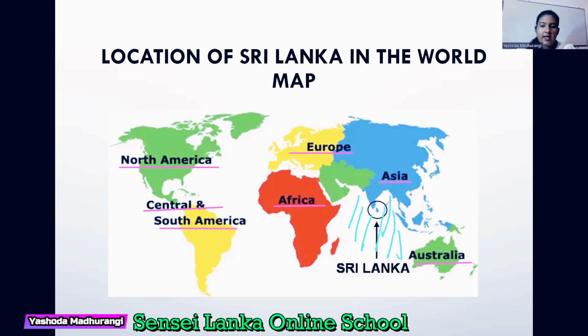So Sri Lanka is a small island located in the Indian Ocean. And also don't forget, it is a very beautiful island with a lot of resources. So now if you have a world map, you can mark and color Sri Lanka, and then you can write the name of our country. That is the way of learning.